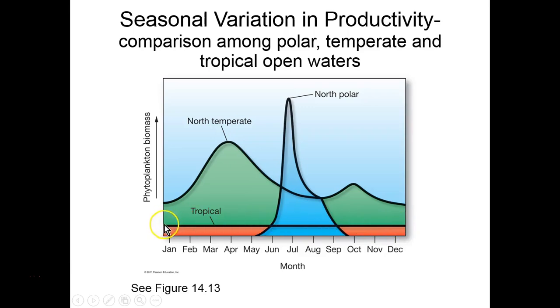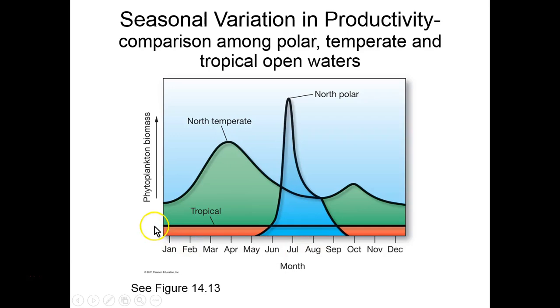That is much lower in primary productivity than the northern temperate waters over the whole course of the year. But compared to the northern polar waters, the tropics are slightly higher in productivity at certain times of the year and much lower at this time of the year, which is the northern hemisphere summer.